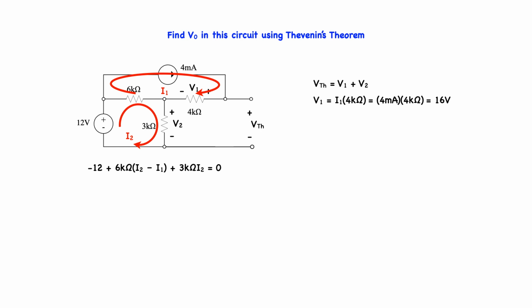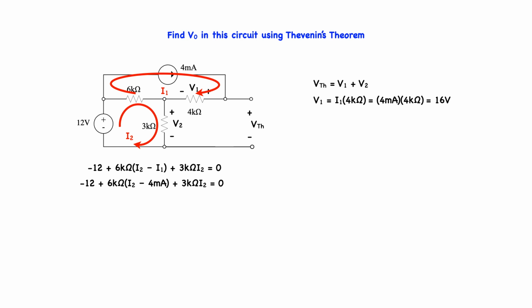We know what I1 is, so we can plug in 4 milliamps into our equation, and it becomes minus 12 plus 6K ohm times (I2 minus 4 milliamps) plus 3K ohm times I2, which is equal to 0. We know that this is the Kirchhoff's voltage law equation, so all terms in this equation are going to be voltages because we built the equation using 1,000 ohm resistors and milliamp currents.